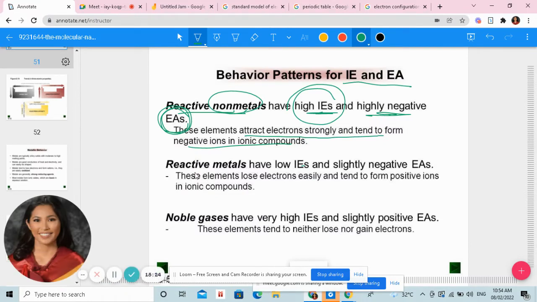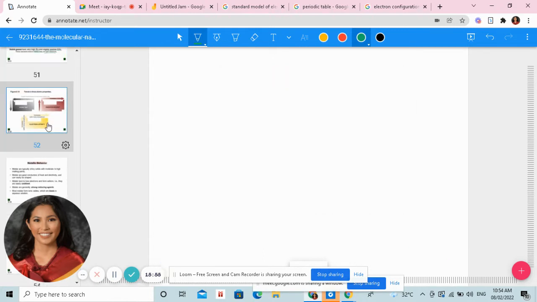Okay, we also have reactive metals, low IE, and slightly negative EAs. They lose electrons easily and tend to form positive ions. So nonmetals attract electrons. Now we also have noble gases, high IE and slightly positive EAs. These elements tend to neither lose nor gain electrons because they are already stable.